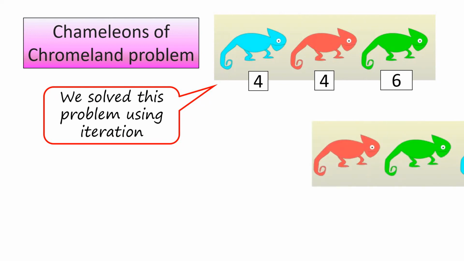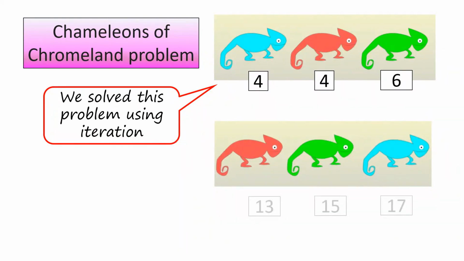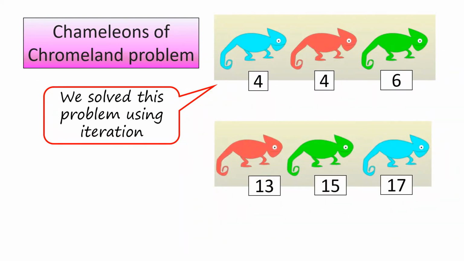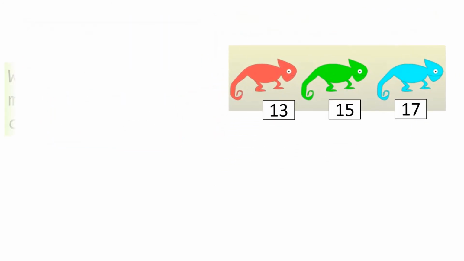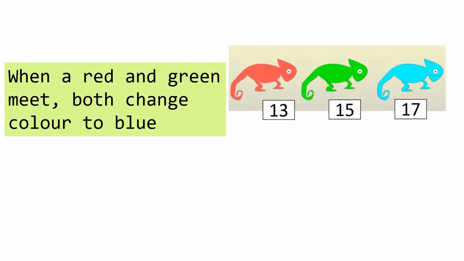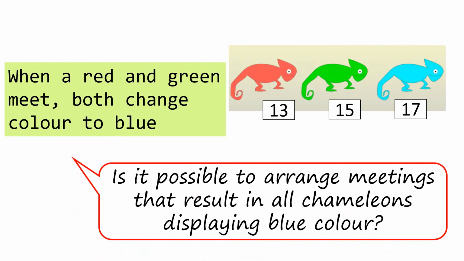Now I will take 13 red chameleons, 15 green chameleons and 17 blue chameleons. When a red chameleon and a green chameleon meet, both change to blue color. Is it possible to arrange meetings that result in all chameleons displaying blue color?